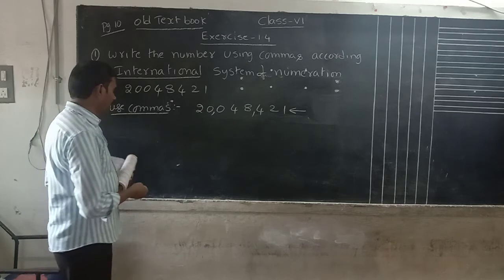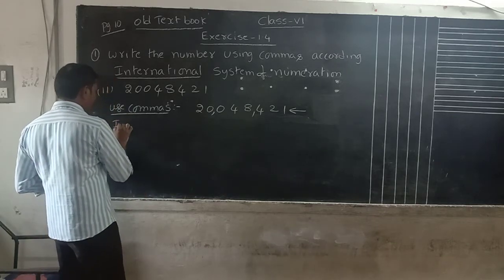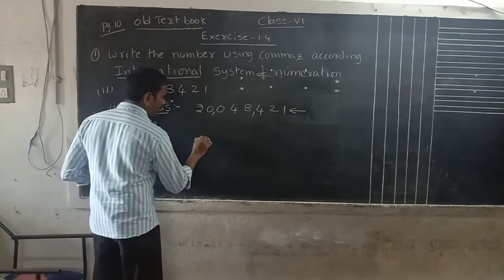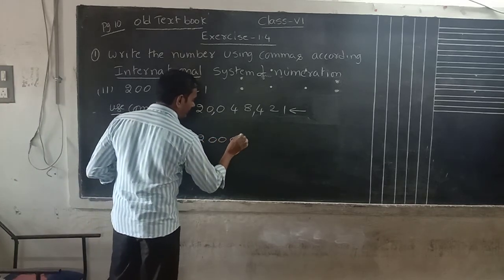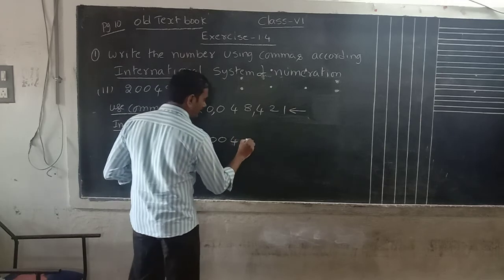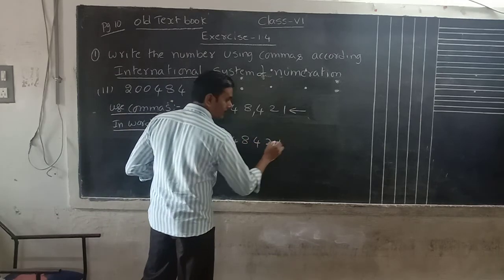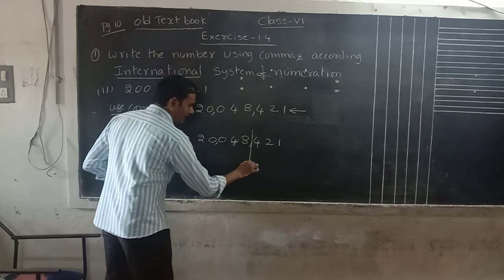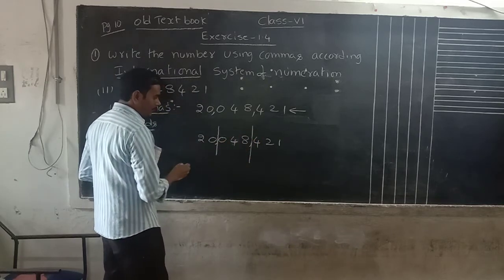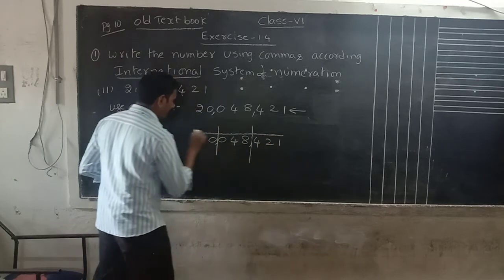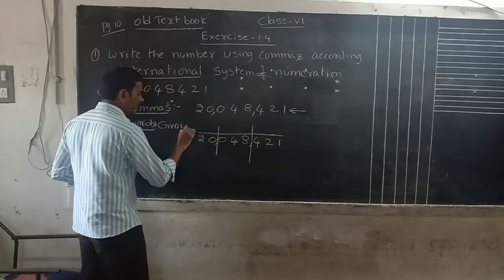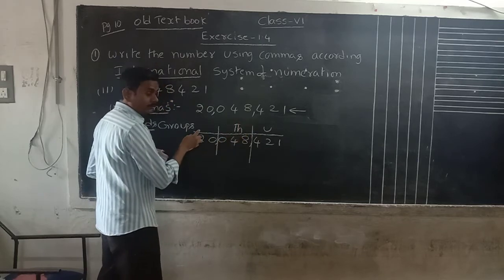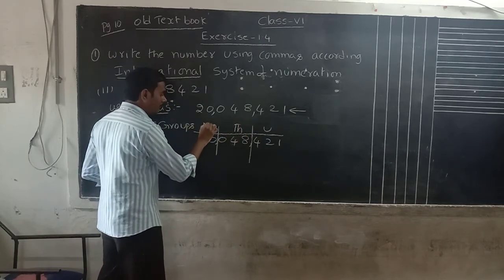What is the number here? We have to copy that number again. Where you got commas, place commas here, then draw a line. Now we have to write the groups. What are the groups here? Unit group, thousand group, and then million group.